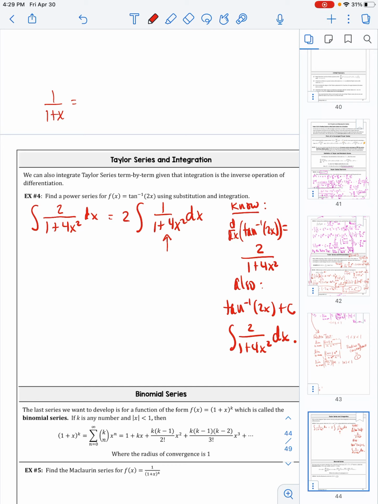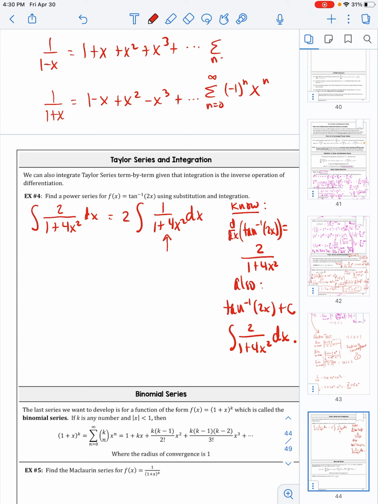Well, this power series looks like 1 over 1 plus x. Okay? And we said that 1 over 1 plus x on the last one was equivalent to 1 minus x plus x squared minus x cubed plus dot, dot, dot, summation n equals 0 to infinity of negative 1 to the n times x to the n.